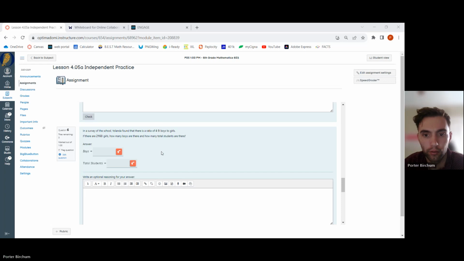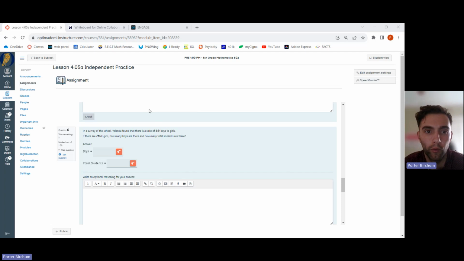No, that doesn't make any sense. That is the common multiplier. The common multiplier is 240. 9 times 240, phew, that was a close one.